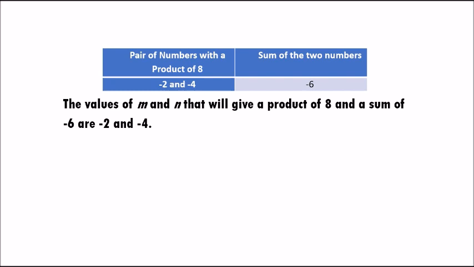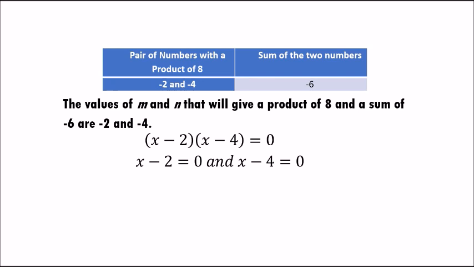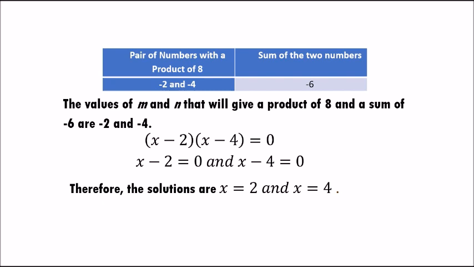So, the values of m and n that will give a product of 8 and a sum of negative 6 are negative 2 and negative 4. So, equate lang natin siya. We have now x minus 2 equals 0 and x minus 4 equals 0. So, therefore, the solutions of our equation are x equals positive 2 and x equals 4.